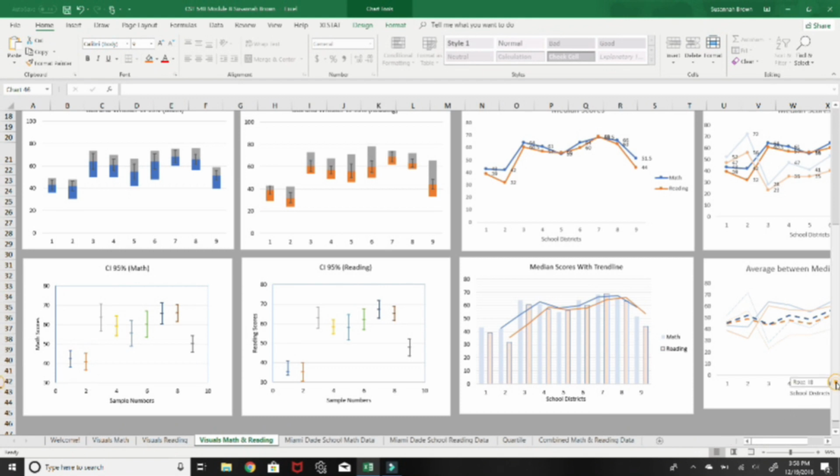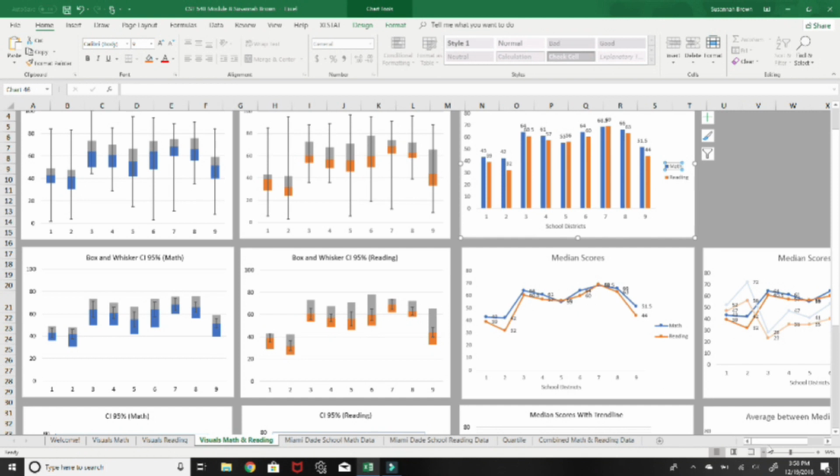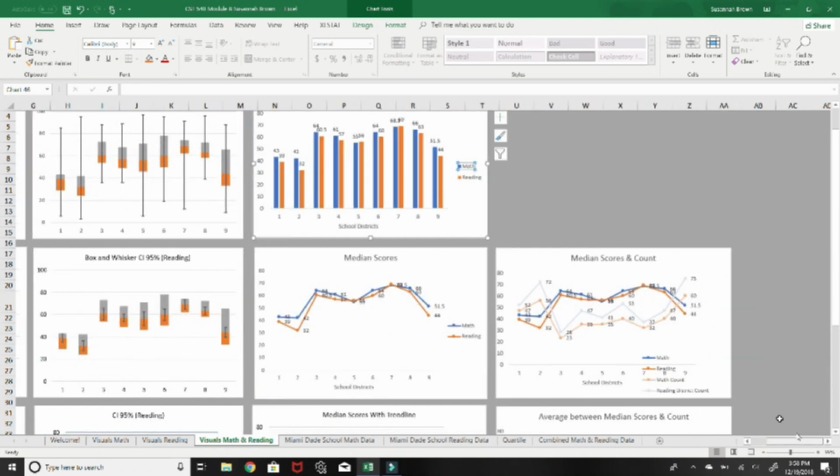Now, if we go back up to this chart right here, the median scores, and add in the counts, we're going to see something very interesting. The higher the district school count goes, the lower the scores go. So remember from those medians that the lowest are district 1, district 2, and district 9, with that good amount of data being in 5 as that happy medium spot once again.